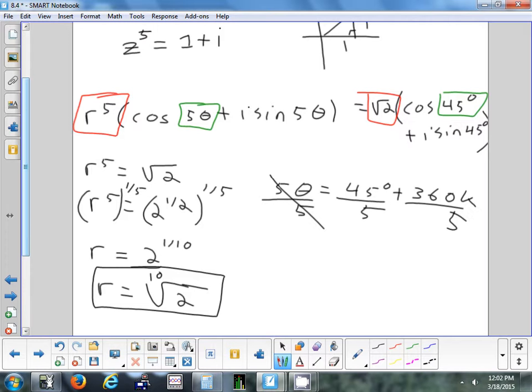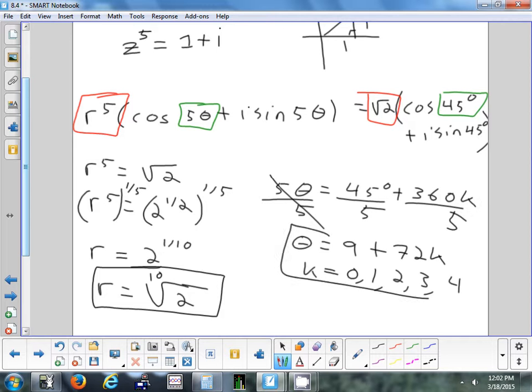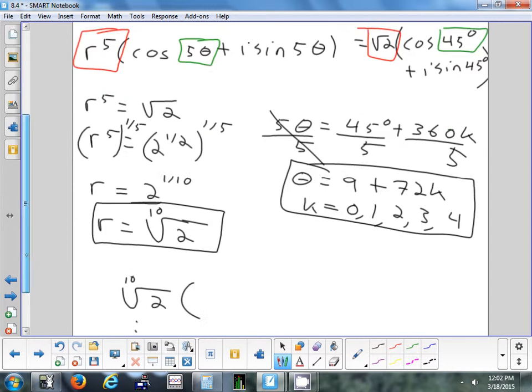That'll get theta by itself. And theta is going to be 9 plus 72k. It's a 5th root, looking for 5 answers. 0, 1, 2, 3, 4. Here's your 5 answers. Now you just have to write each one.